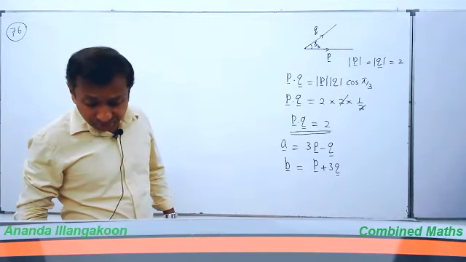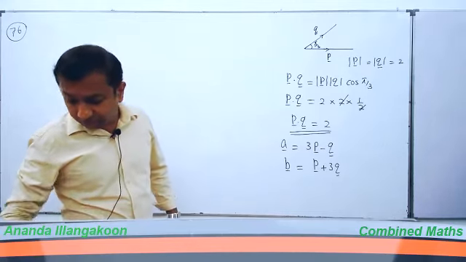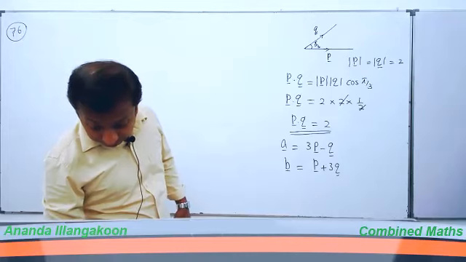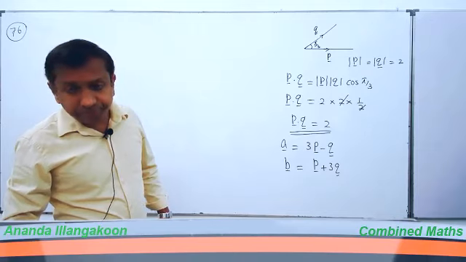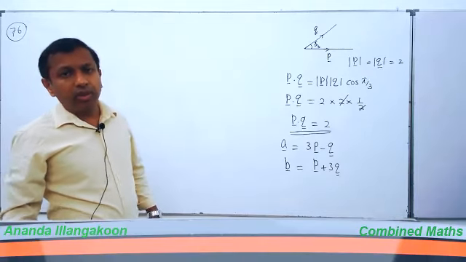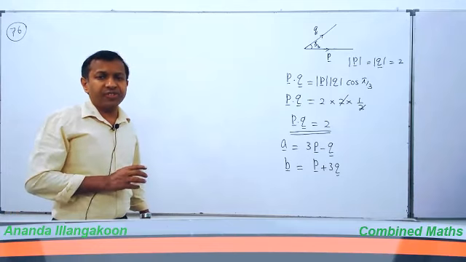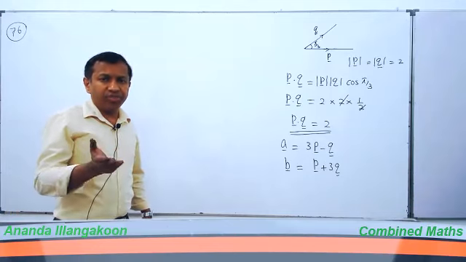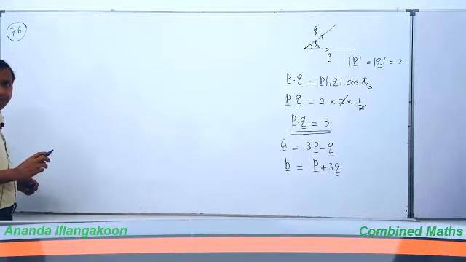A parallelogram is constructed on the vectors A and B. That says there is a line segment which completely represents the vector A. That is one side. Vector B, there is a line segment. That's the other side.